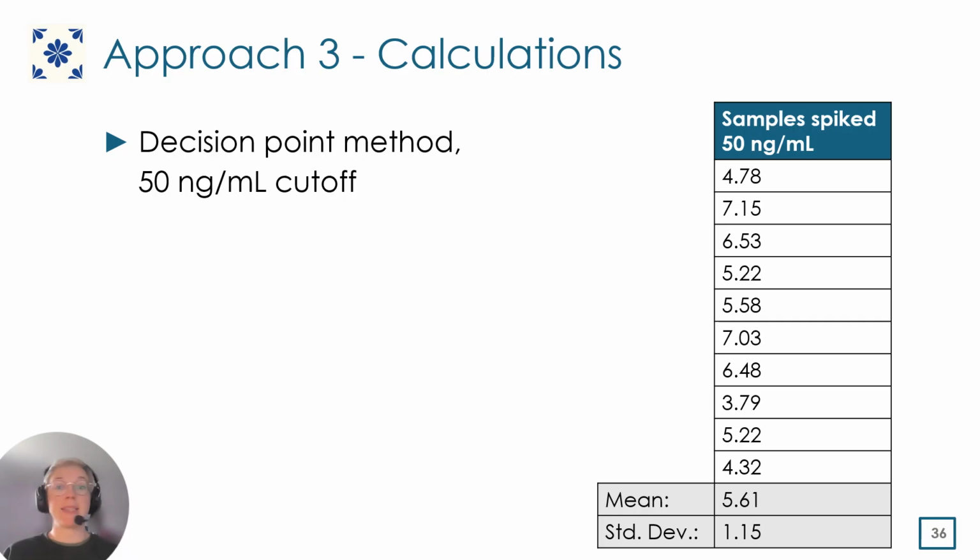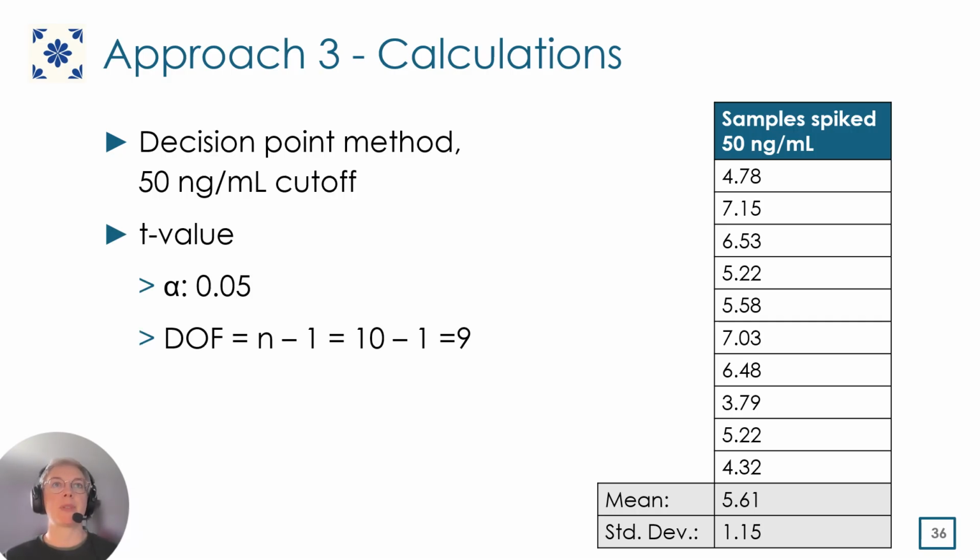Okay, let's calculate the limits of my unreliability zone. What t-value shall I use? I want a false result rate of 5%. All right, and I use 10 replicates to estimate my standard deviation.